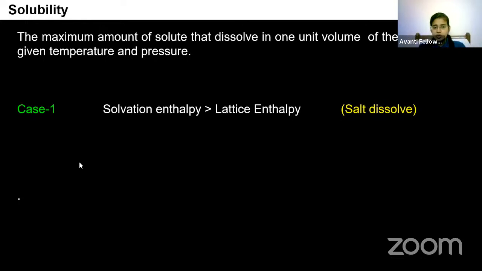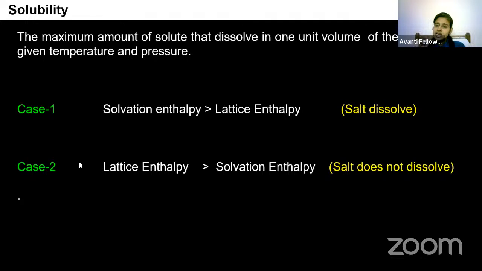And in case 2, if the lattice enthalpy is greater than solvation enthalpy, then the salt does not dissolve. Okay. So using lattice enthalpy and solvation enthalpy, we find whether the given salt will get dissolved or not.